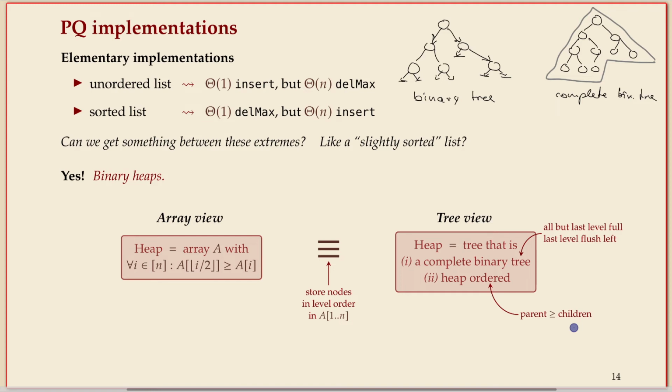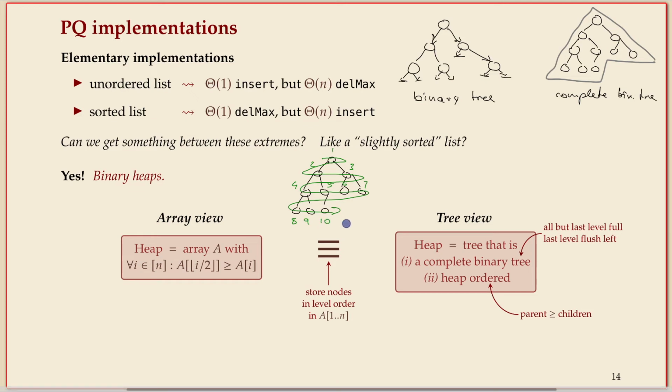Now we have these two things that both seem to have some notion of slightly ordered, but what really brings them together is this notion of level order. So let me draw another little complete binary tree. And level order means we go through this tree level by level, and we assign indices to the nodes as we visit them. 1, 2, 3, 4, 5, 6, 7, 8, 9, 10.